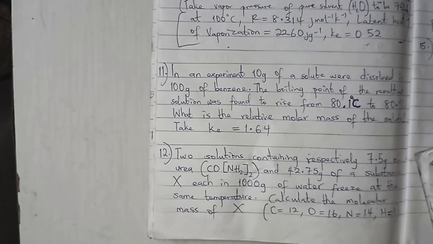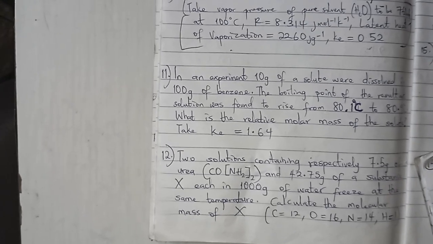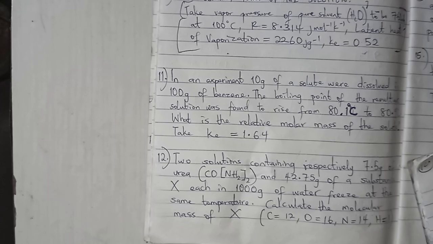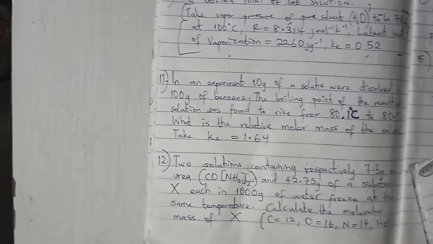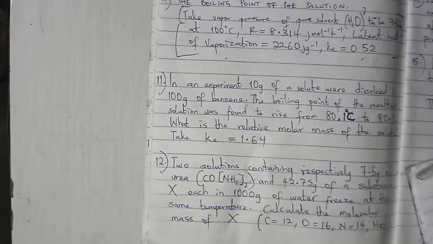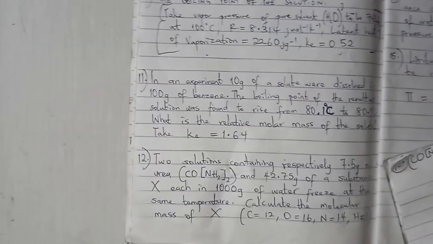Two solutions containing, that is, one is urea, they gave me CONH2 twice.